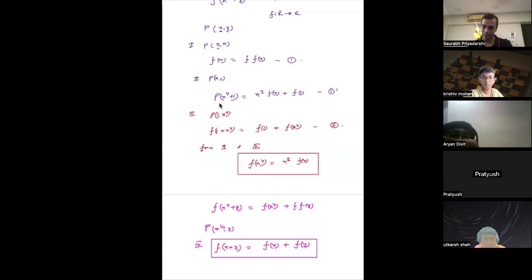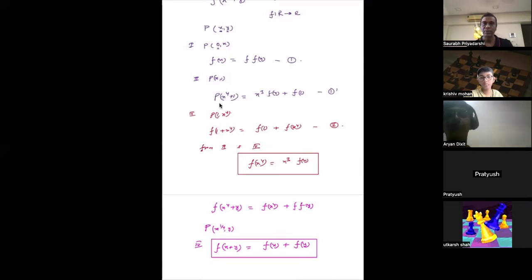Sir, now we can't write f of x is equal to lambda x, because f of y is equal to f of y should also be satisfied. So lambda is 1 only. Yes sir, that was the doubt.